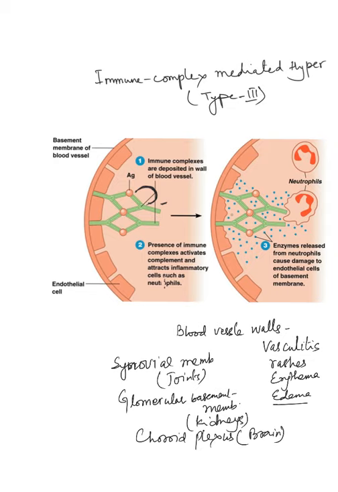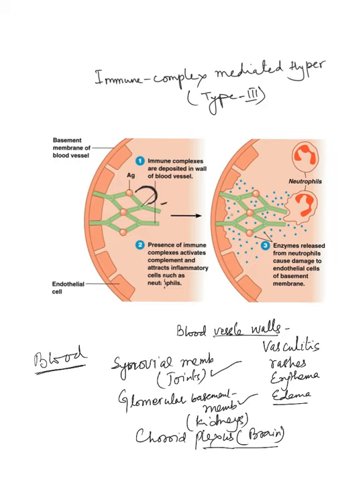So think of a situation if the immune complex is generated inside the blood. It will travel through the blood and can settle down in synovial membrane, in the basement membrane, or it can even pass through the blood-brain barrier in choroid plexus, blood vessel walls.